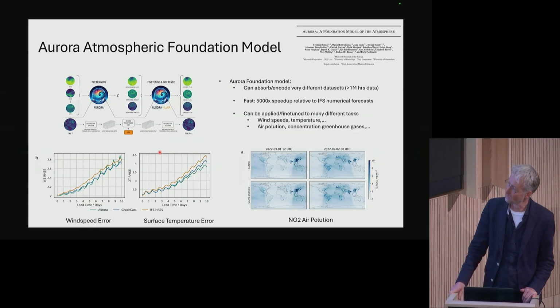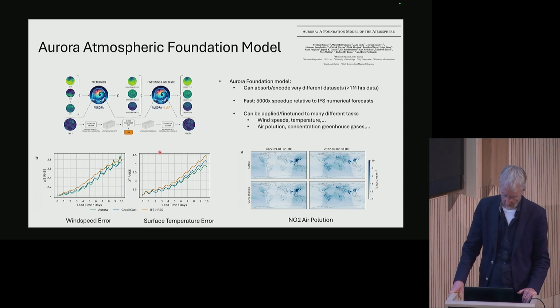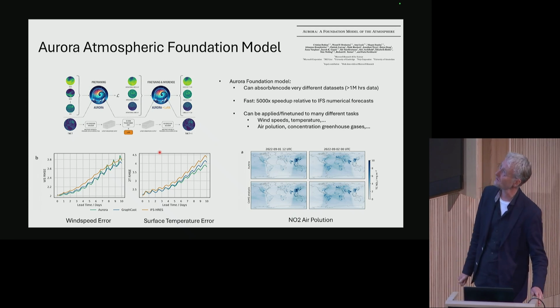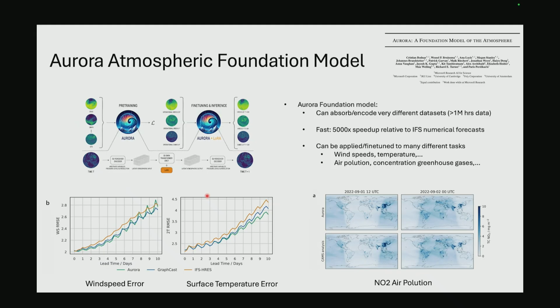So at Microsoft, we also developed our own model. Ilya already mentioned it. This is called Aurora. It just came out in Nature, but it is, of course, around longer than that. I think it's competitive with GraphCast, but I just understood that DeepMind has moved on. It's probably not competitive with the latest models anymore.